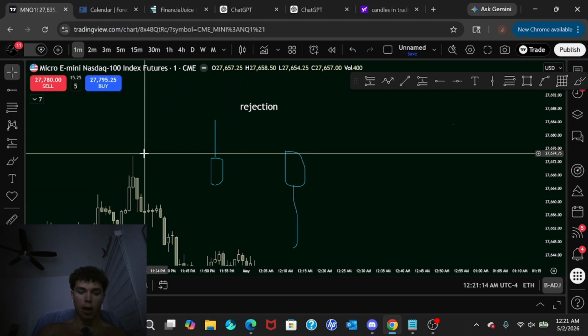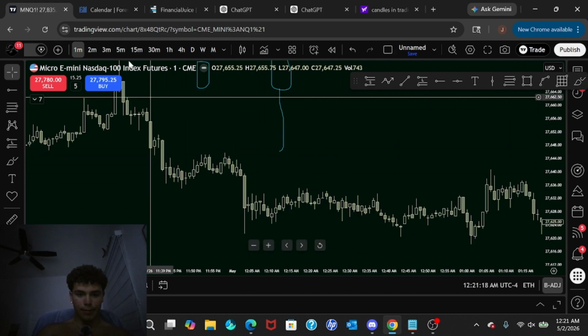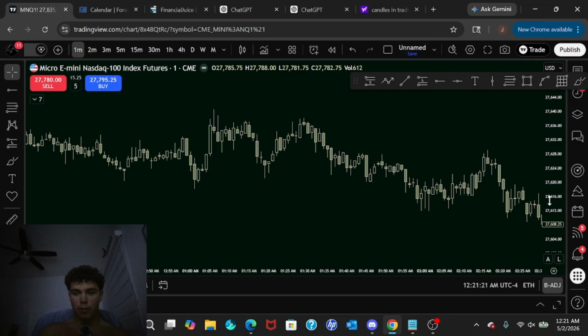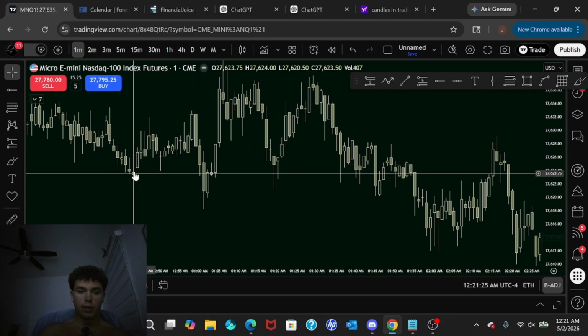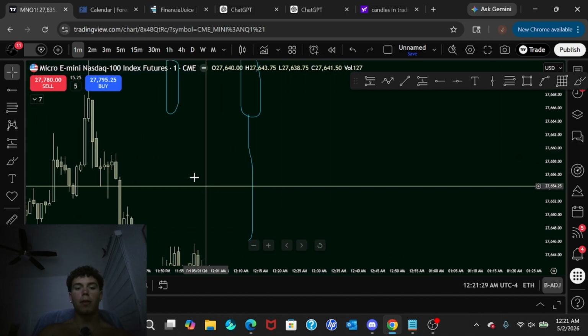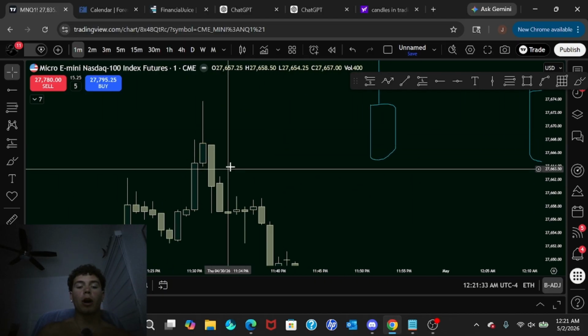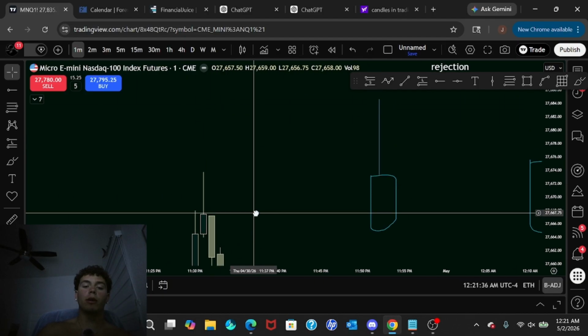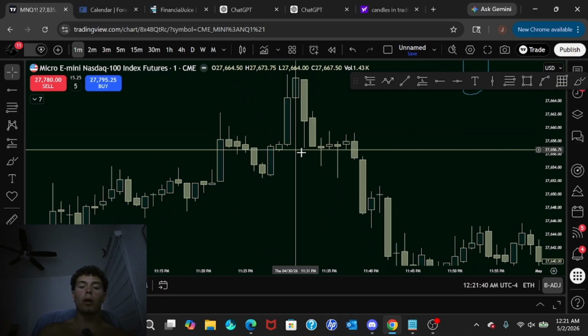It could look something like this right here, or something like this. All these candles are rejection. So what does this tell us? If price wanted to keep going up and close higher, we would have bigger bodies with no wicks to the downside.